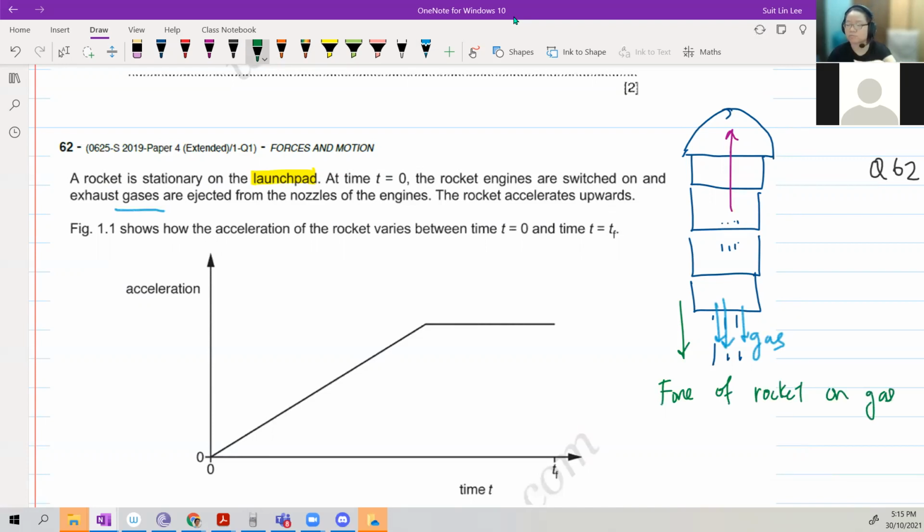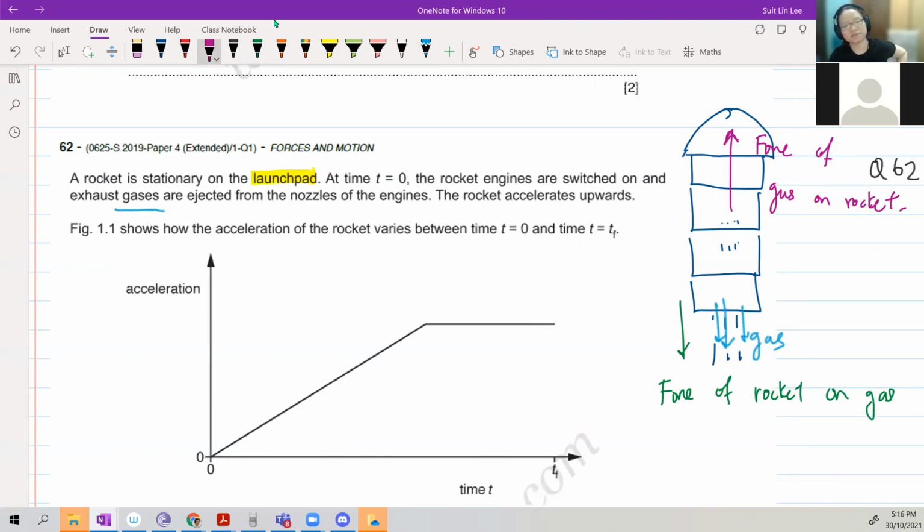I will push the gas down. But Newton's third law says, if you push me, I must push you back. So the rocket pushed the gas down, the gas will push the rocket upwards. So here, there is a force of the gas on the rocket.